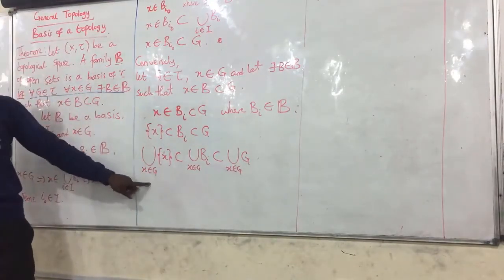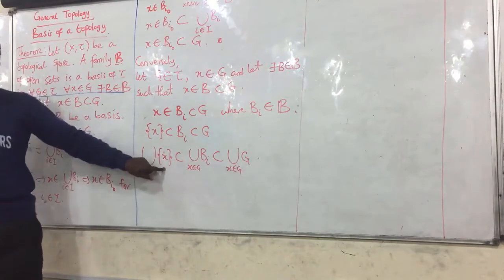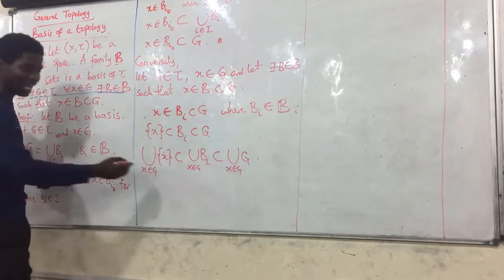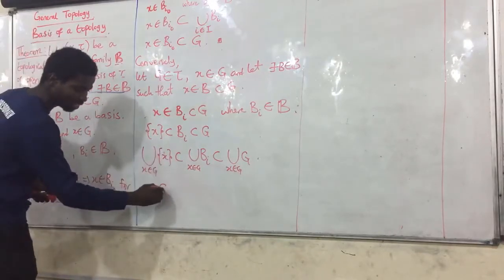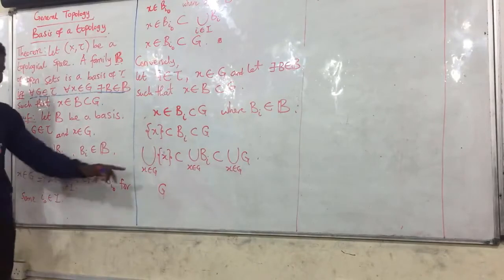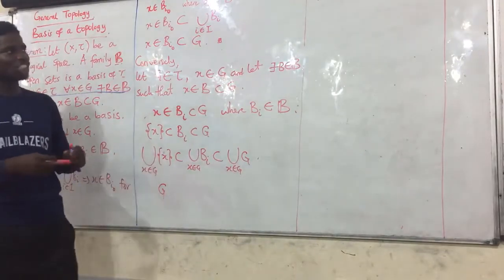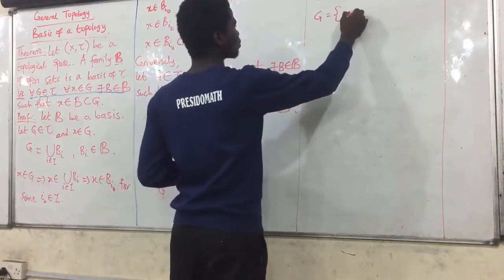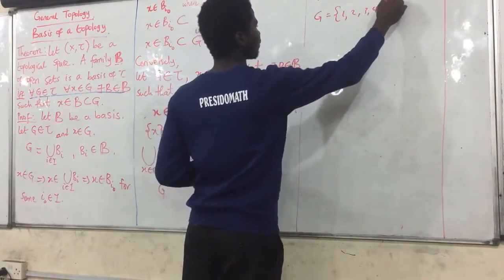Now, union of S in G of S. This one means that, do you know what this one will give me? All these ones like this will give me exactly G. Do you understand? Why it will give me exactly G is that, imagine G is 1, 2, 3, 4, 5.